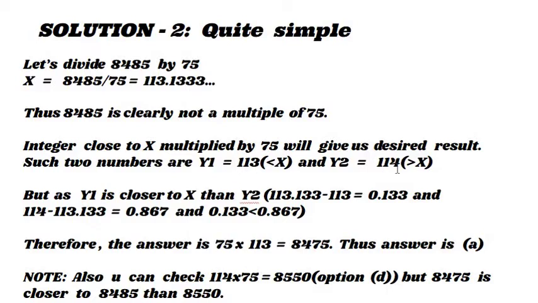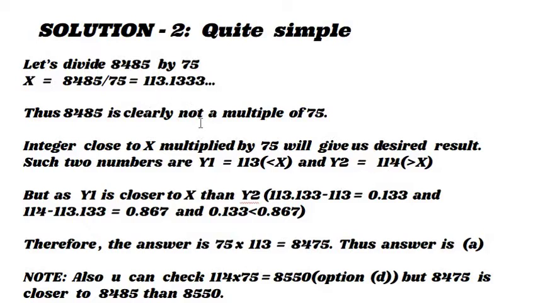If you didn't get it, I chose 114 and 113 because if you multiply them with 75, the result will be close to 8485, as compared to if I chose 112 or 115. These are two nearest integers, one smaller, that is 113 is smaller than 113.133, and 114 is larger.